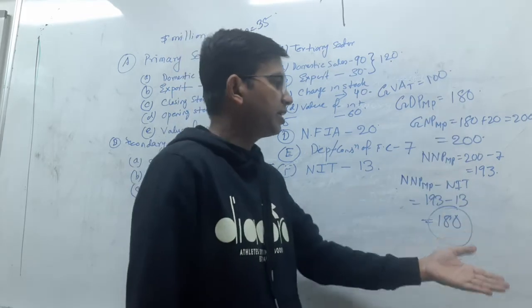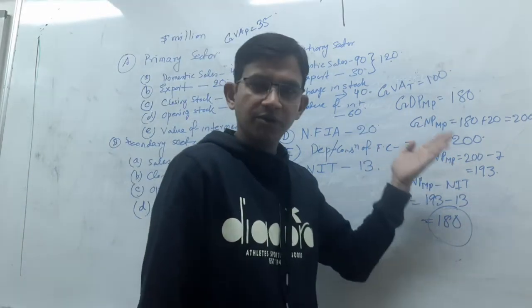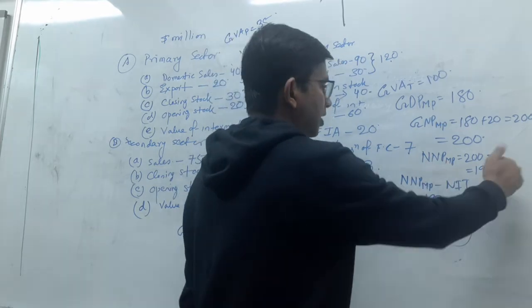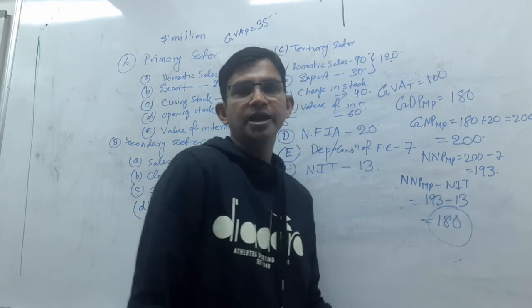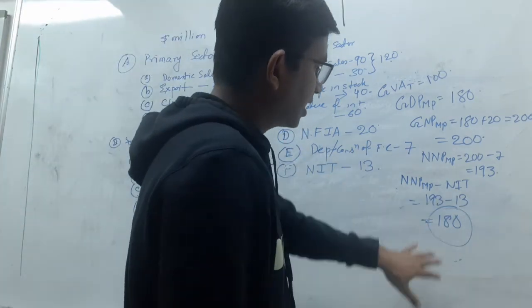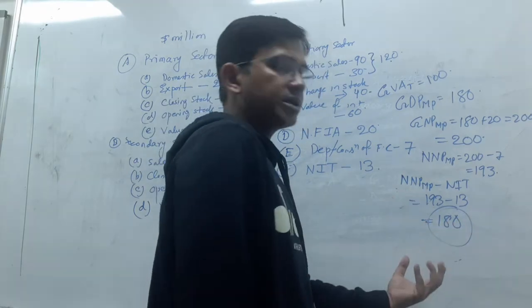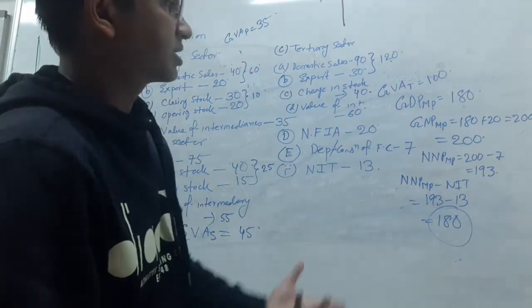From GNPMP, by subtracting depreciation, we get the net national product at market price, and if we subtract the net indirect taxes from the net national product at market price, we get the net national product at factor cost, which is national income.